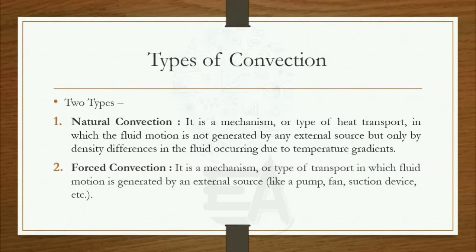External source can be a pump, fan, suction device or anything. So for that we can take our earlier example for convection, which is air conditioner. It is the forced convection example. So the example for forced convection is air conditioner, and for natural convection is heat transferred from a campfire to us. So these are the types of convection, natural convection and forced convection.